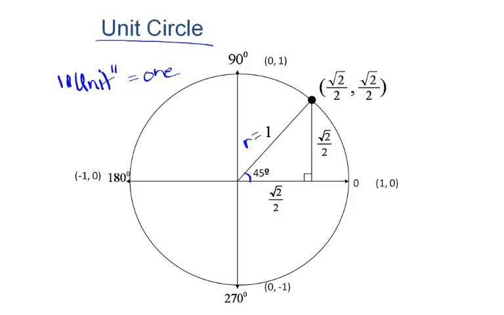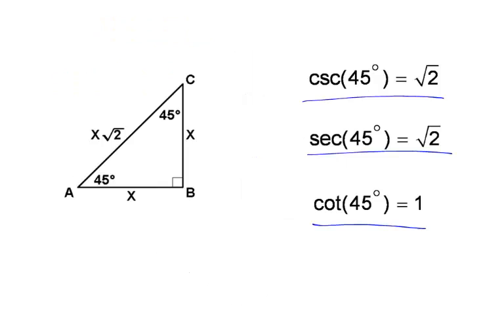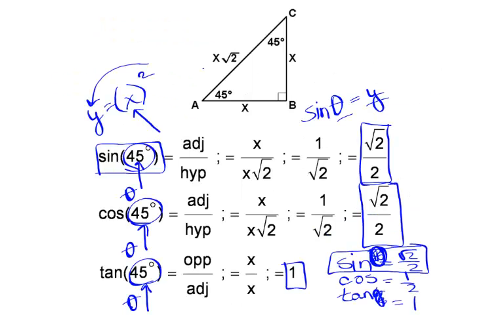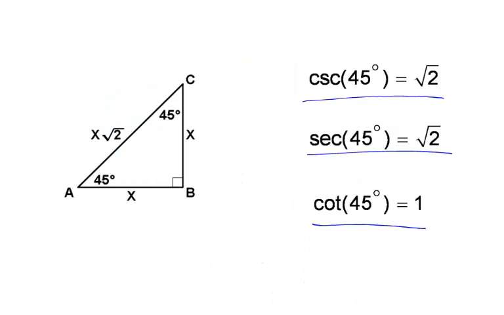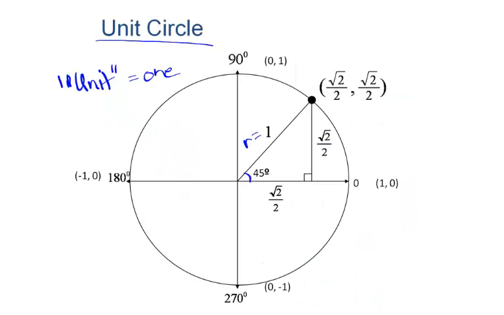Now, we figured out before, back over here, that it did not matter what our radius was, what our hypotenuse of our right triangle was. When our acute angle measure was 45 degrees, we got a real number value from that on all 6 trig functions. So now we have a radius of 1. That's our hypotenuse. Here is our opposite side. Here is our adjacent side to our angle measure.